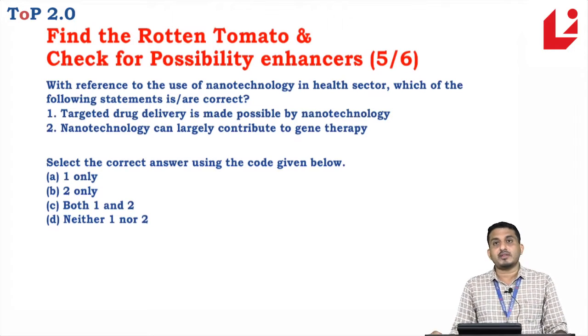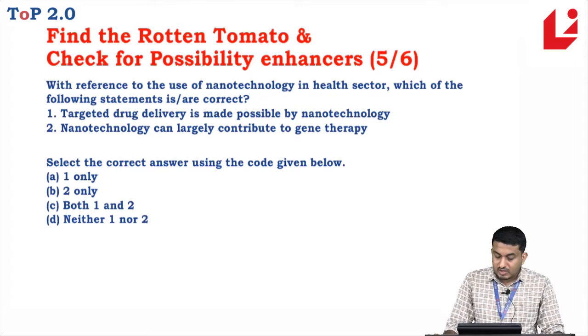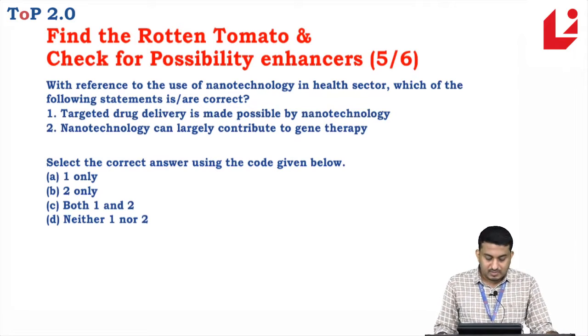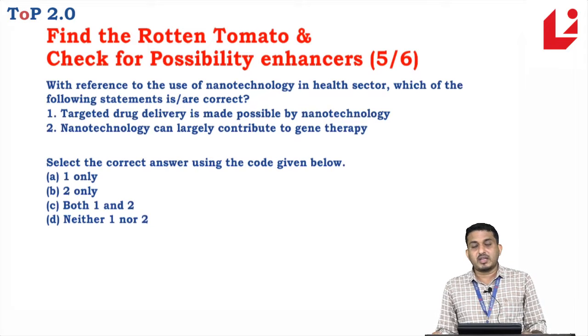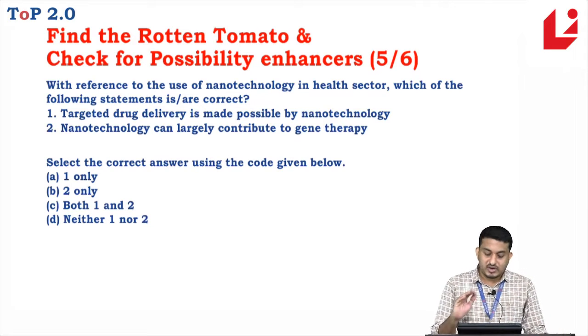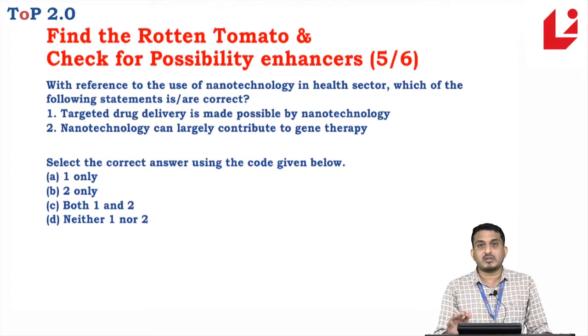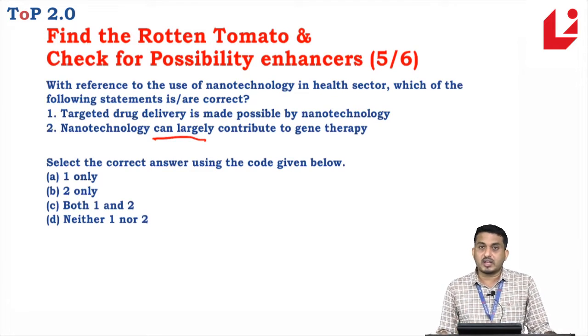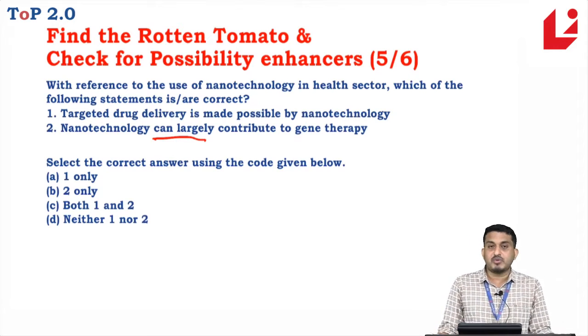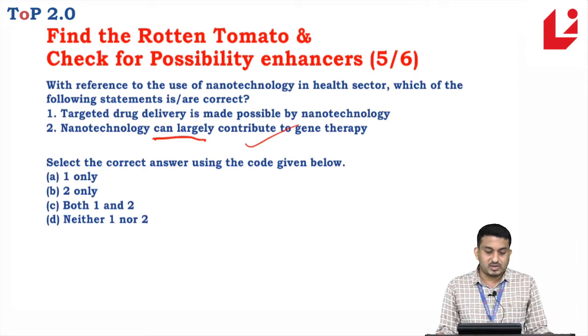There is always a possibility that the future research would vindicate them. Okay, so keep in mind that it would be really hard for the examiner to devise a statement otherwise. So in a science and technology question, almost every statement with "can" has a high probability of being correct.